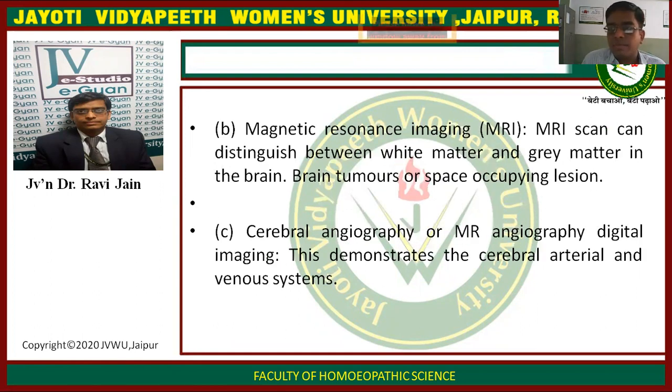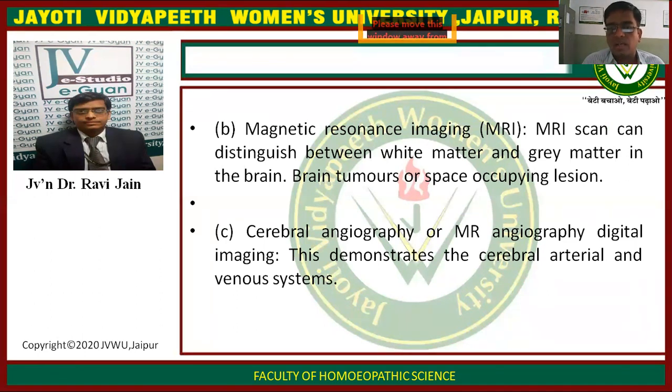MRI is another important radiological investigation that could be done. Magnetic resonance imaging can distinguish between white matter and gray matter in the brain. Brain tumors or space occupying lesions, that is SOL, could be seen in the MRI.